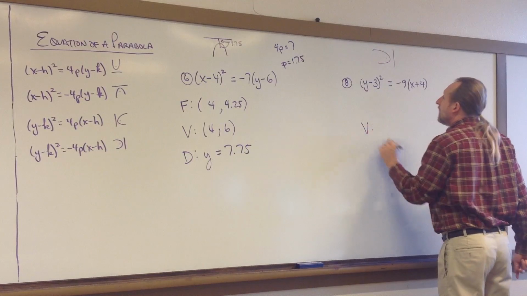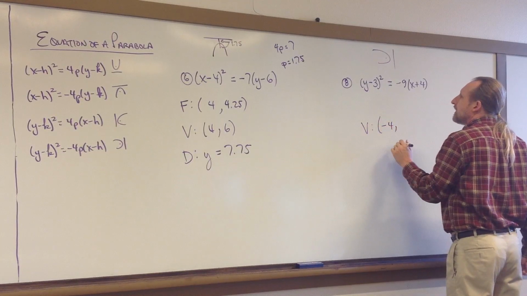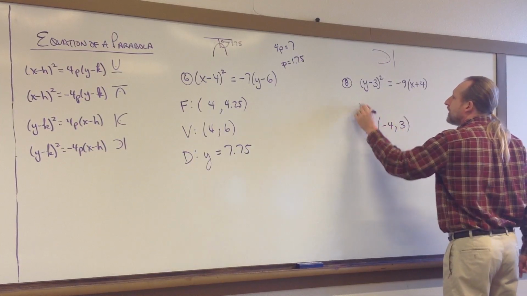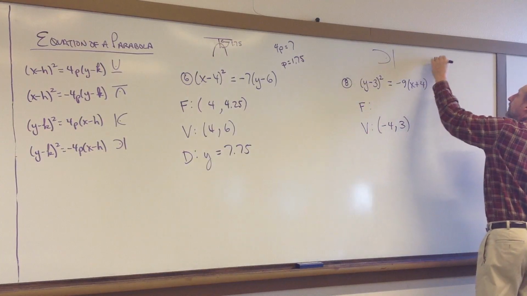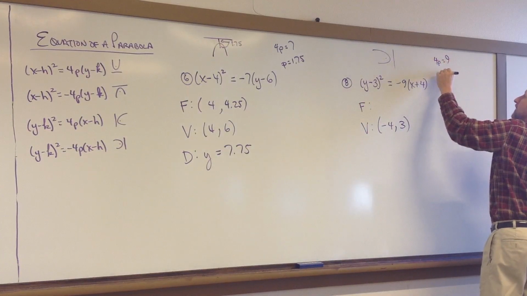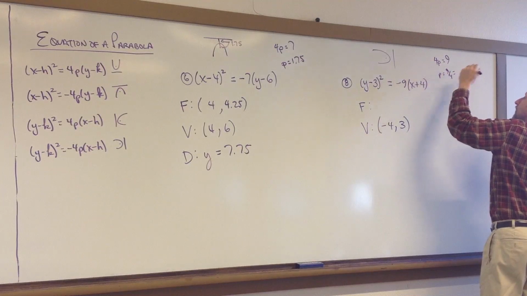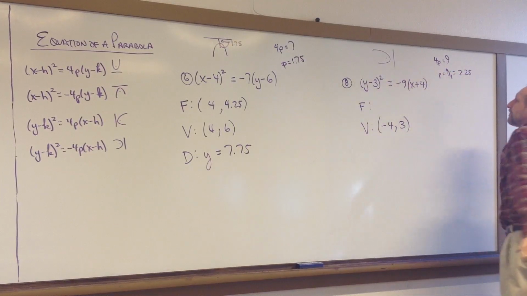Our vertex is going to be at the point (-4, 3). 4p is 9, so p is 9/4, or 2.25.